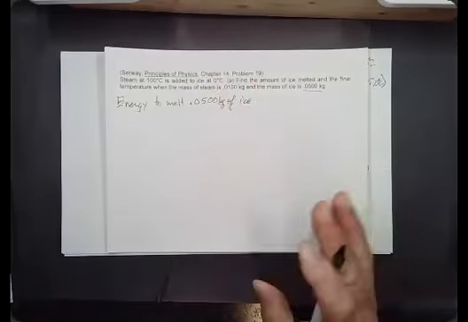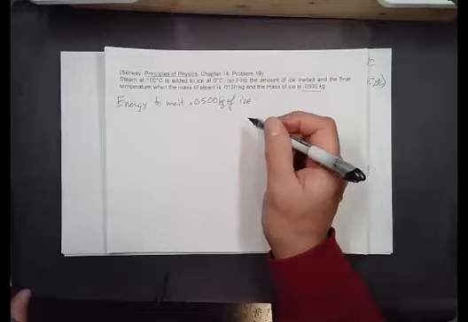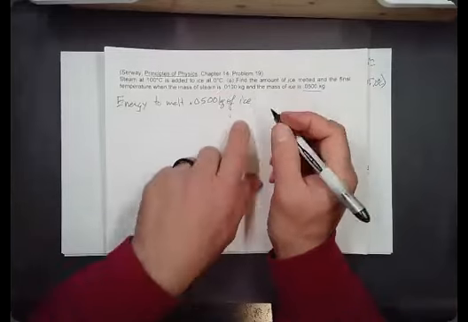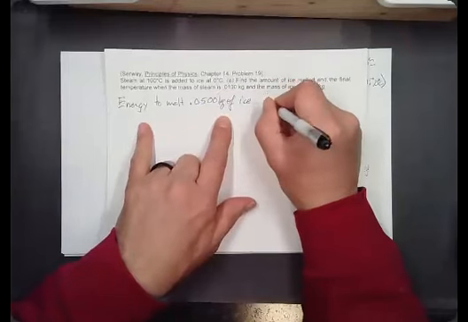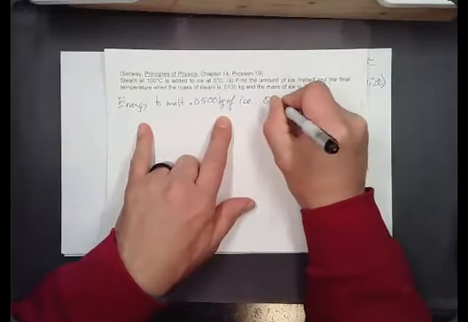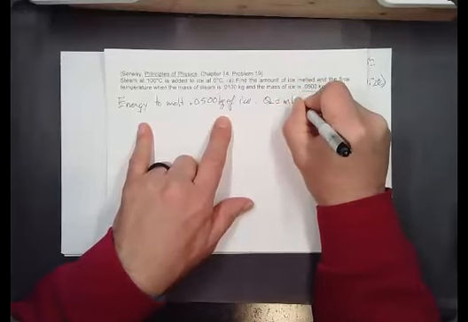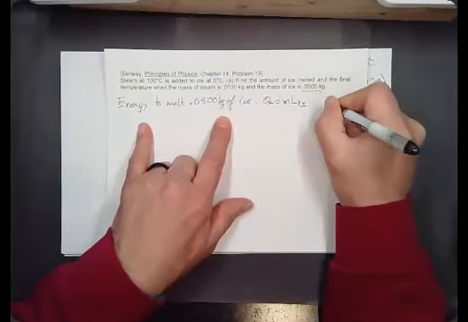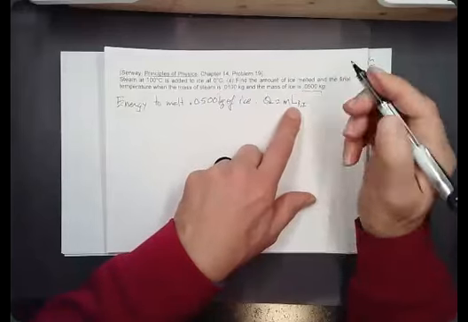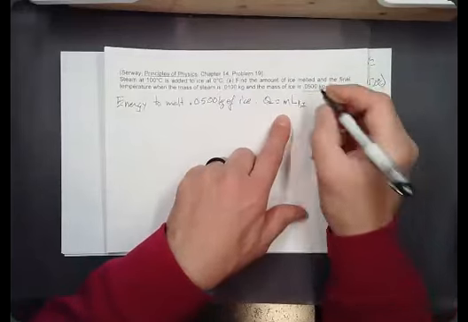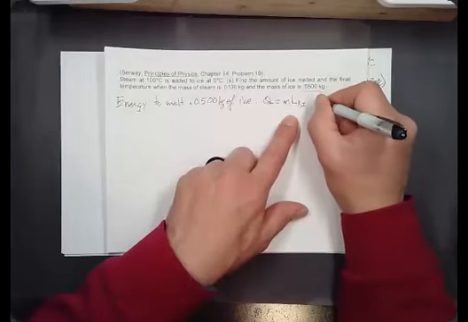I don't know what the final state of this thing is going to be yet, and I need to have some idea of what some of these energy amounts are. So to melt that much ice, the Q needed would be m L, the heat of fusion of ice. Sometimes you just see L sub F for this. It doesn't really matter. But I know I've got 0.0500 kilograms.